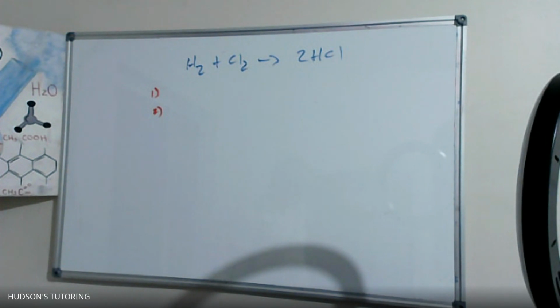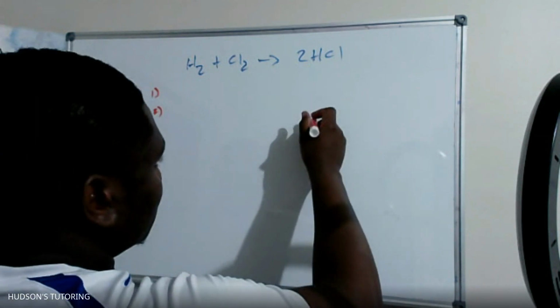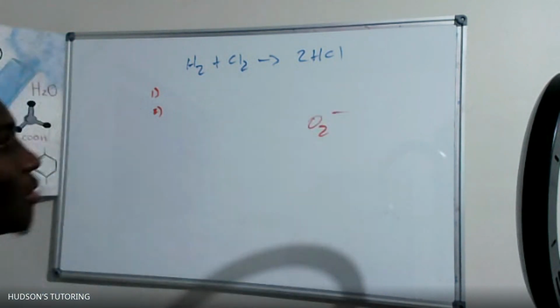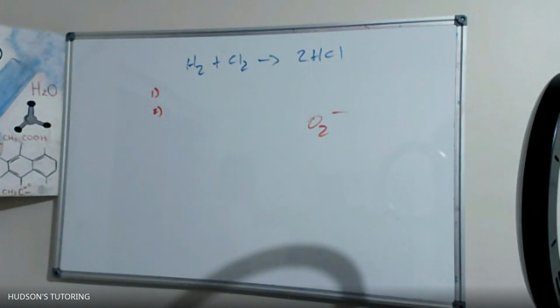Except when it is in peroxides and superoxides, where it is -1. So this is peroxide, all right? Where it is -1.